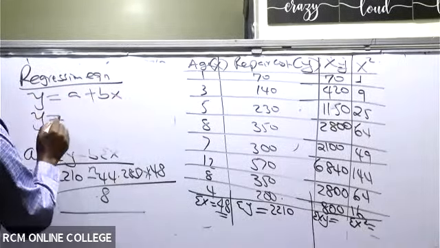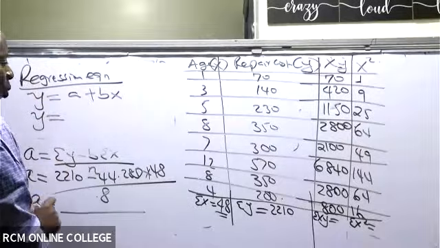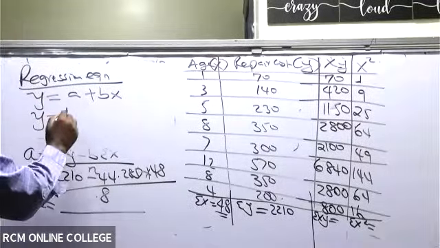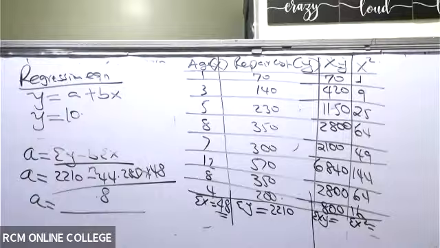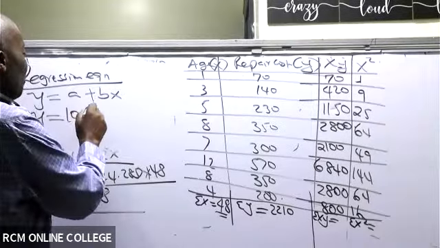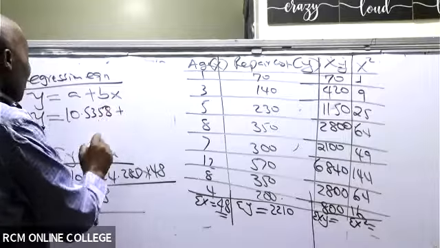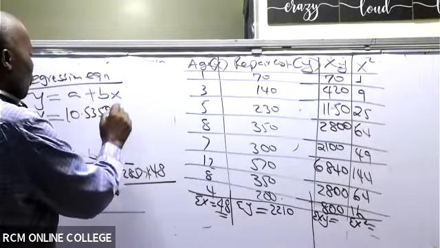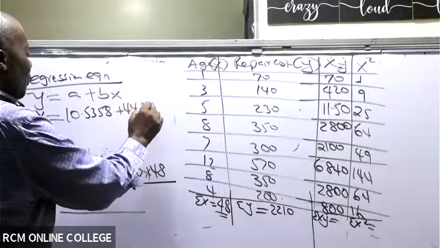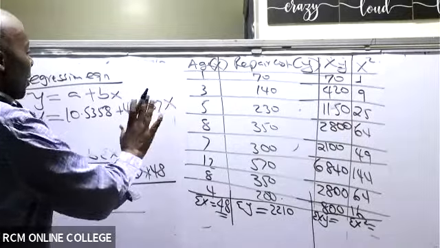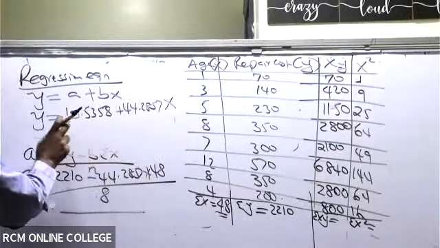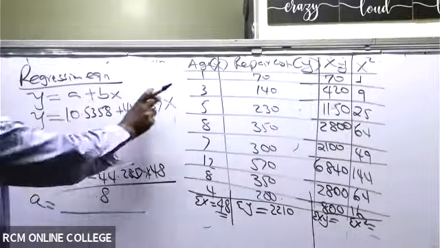So my y will be equal to a, that we got here, which I remember was 10 point something, 10.5358, plus b, which is 44.2857 x. Remember, the regression equation gives us the connection between the dependent variable and the independent variable.